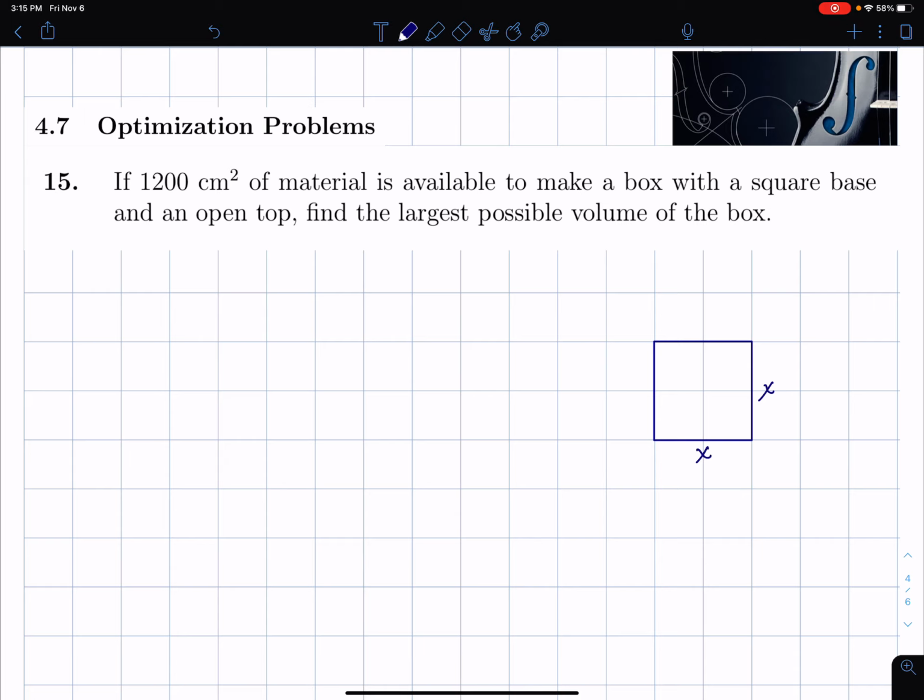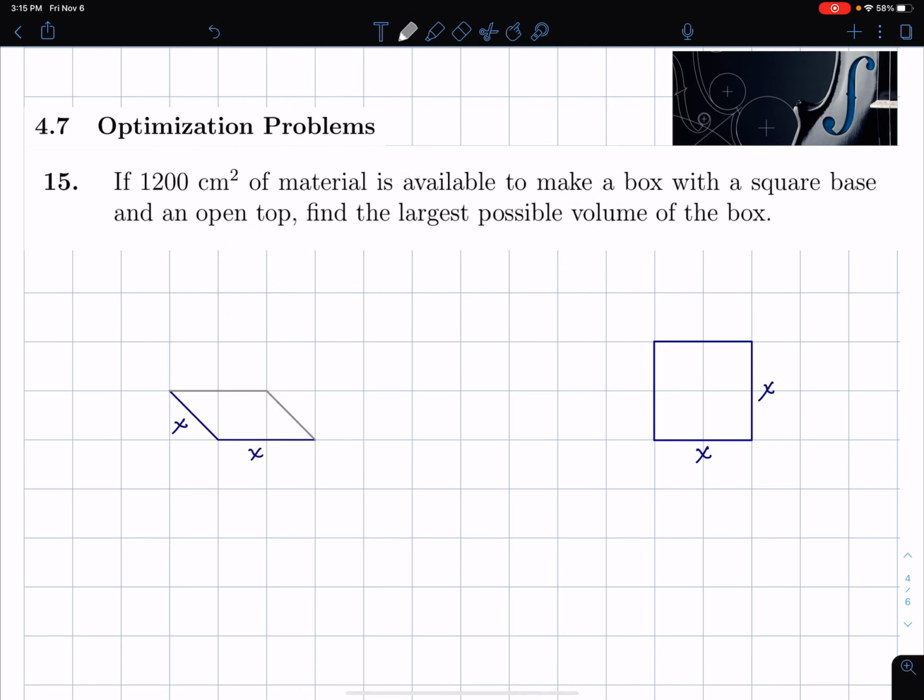That's a picture where we're looking from above at the base of the box. Let's do a perspective drawing over here, which might not be so perfect, but here I have X, and X is the base of the box. Let me do the back part in a lighter color.